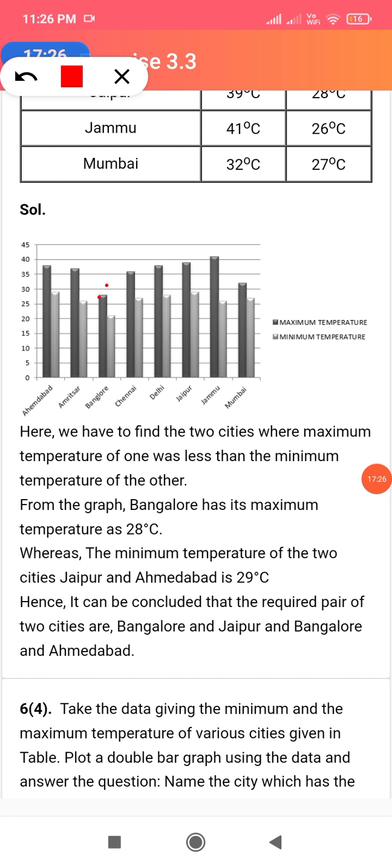Is it less than the minimum temperature of which cities? Here we are talking about the minimum temperature.